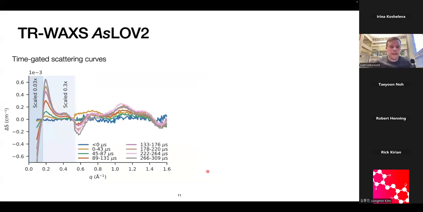This is the data itself, and these are the time-gated scattering curves, scaled down at the lower angles just to emphasize the very large range of the measurement in terms of amplitude. And you see immediately that there's a clear systematic evolution happening on all time scales, out to very wide angle, which was super interesting.